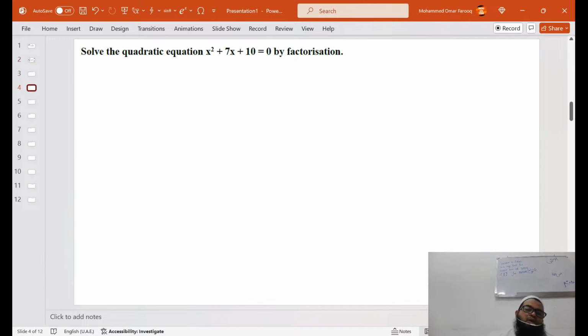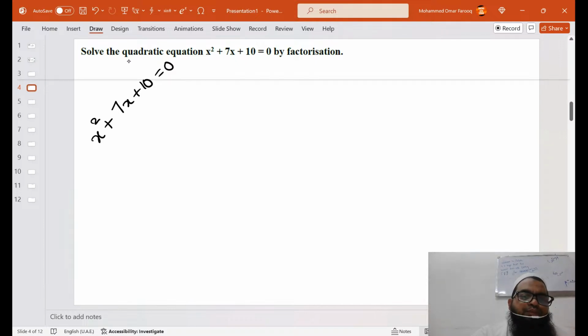So solve the quadratic equation x square plus 7x plus 10 is equal to 0. So students, what did I tell you? Whenever we go for solving a quadratic equation by factorization, what you are supposed to do? We have to see the coefficient of x square.